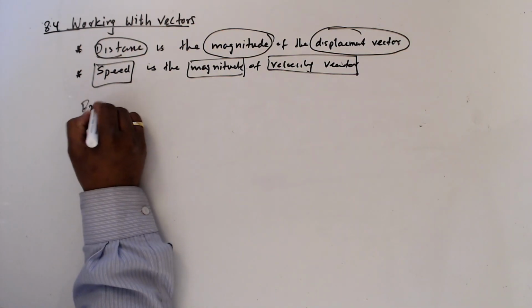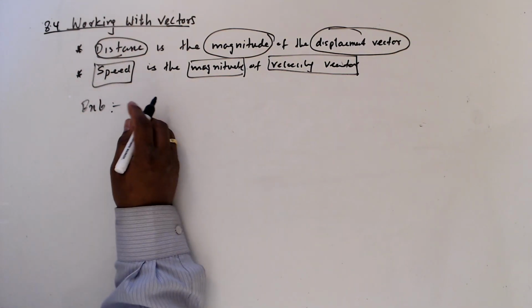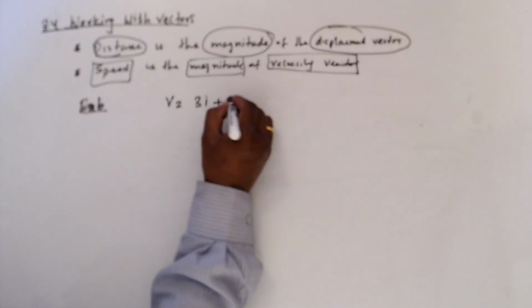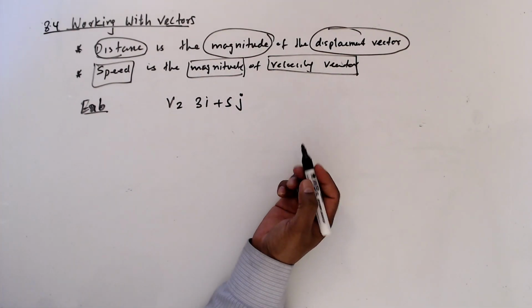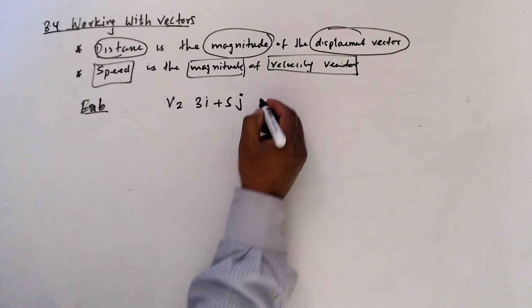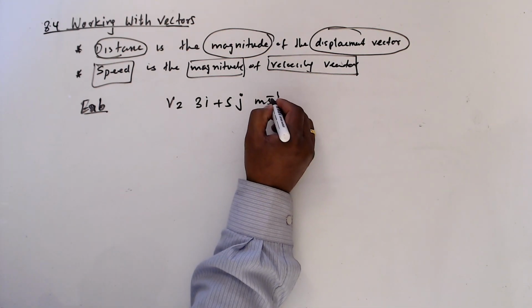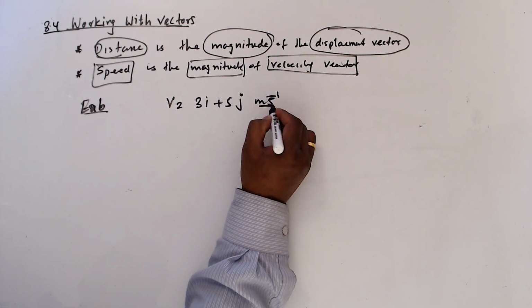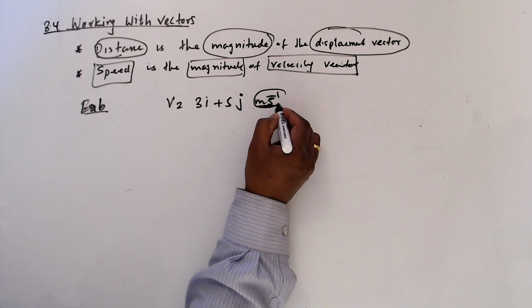In example 6, it is given V equals 3i plus 5j, and the unit is meters per second. So meters per second is how we measure the speed and the velocity.